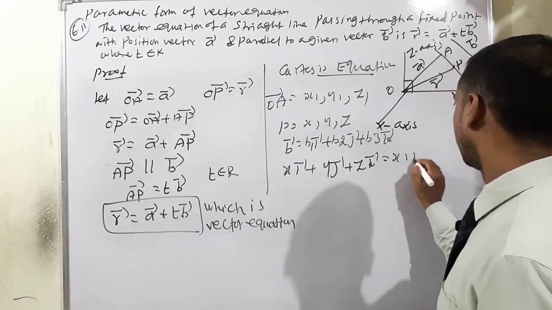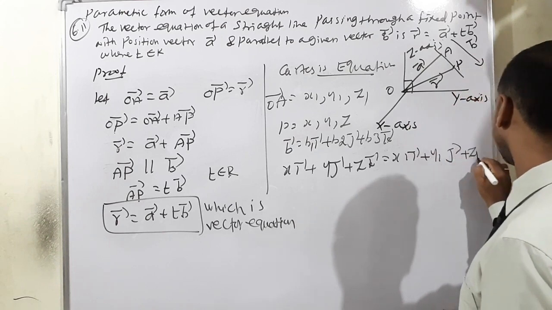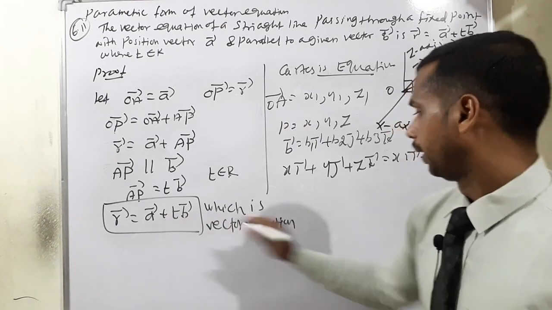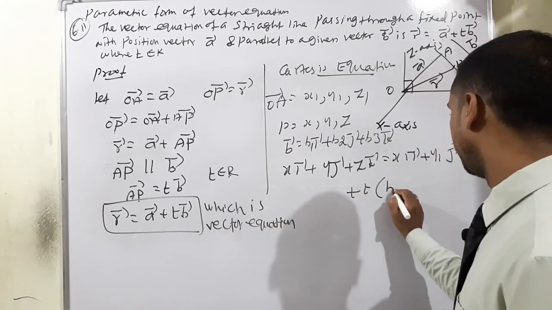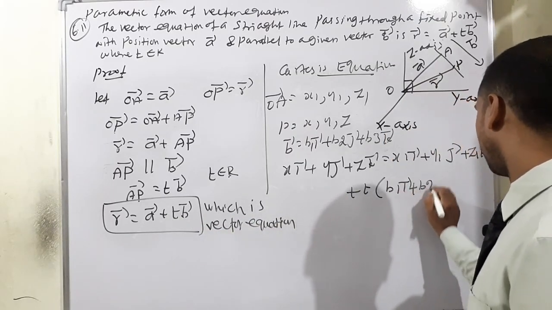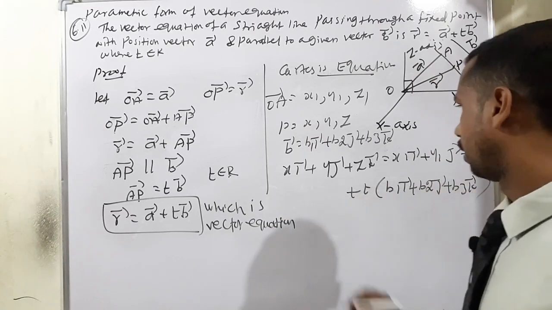That means x1 i vector plus y1 j vector plus z1 k vector plus scalar multiple t times B vector, meaning b1 i vector, b2 j vector, b3 k vector.